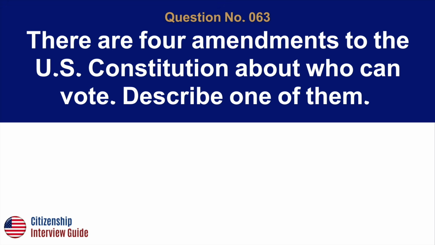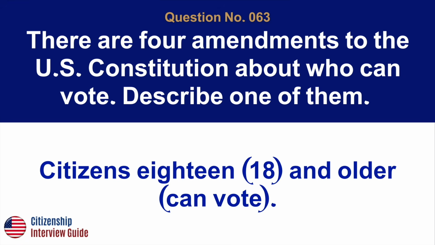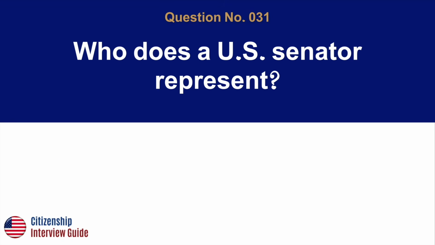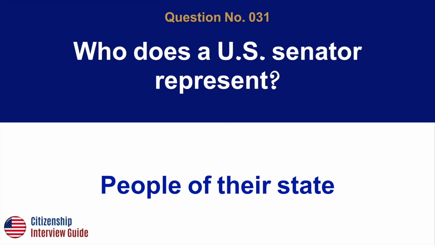There are 4 amendments to the U.S. Constitution about who can vote. Describe one of them. Citizens 18 and older can vote. Who does a U.S. Senator represent? People of their state.